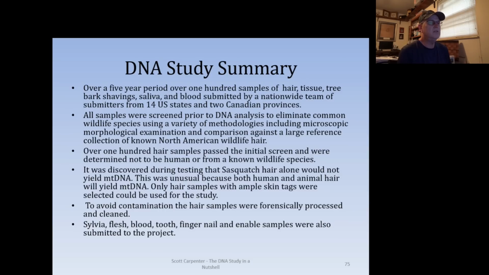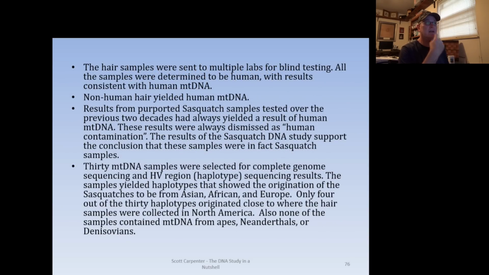To avoid contamination, the hair samples were forensically processed and cleaned. Saliva, flesh, blood, tooth, fingernail, and enamel samples were also submitted to the project. The hair samples were sent to multiple labs for blind testing.